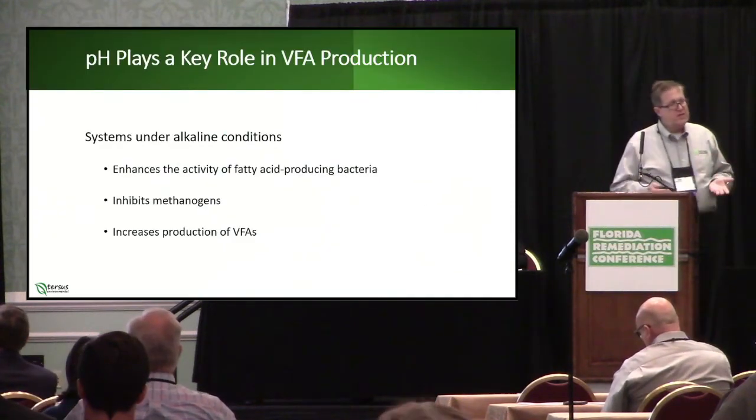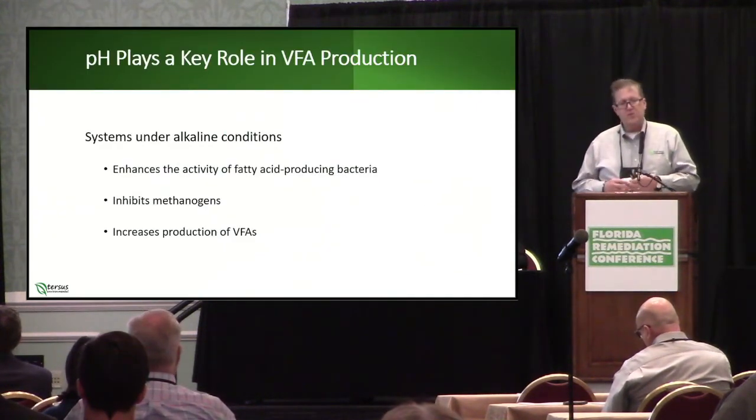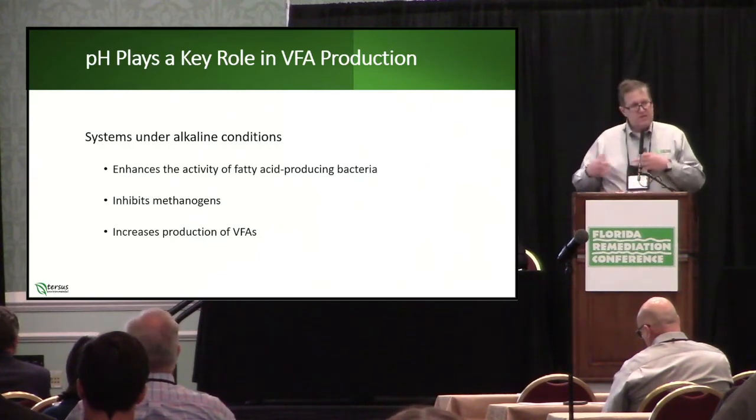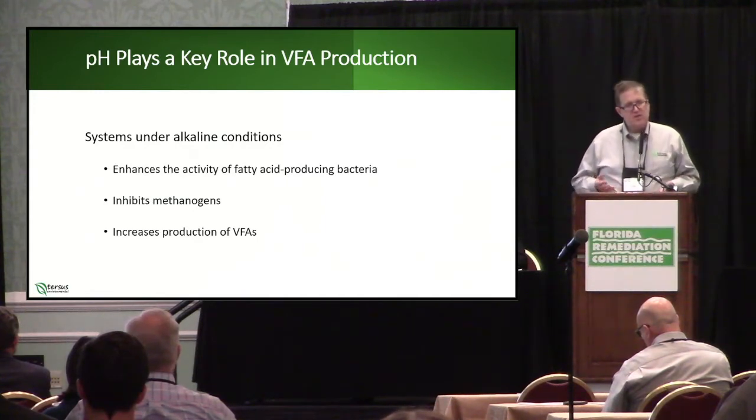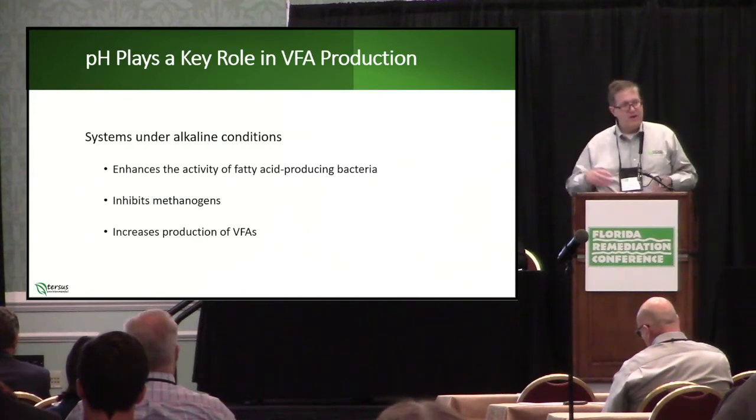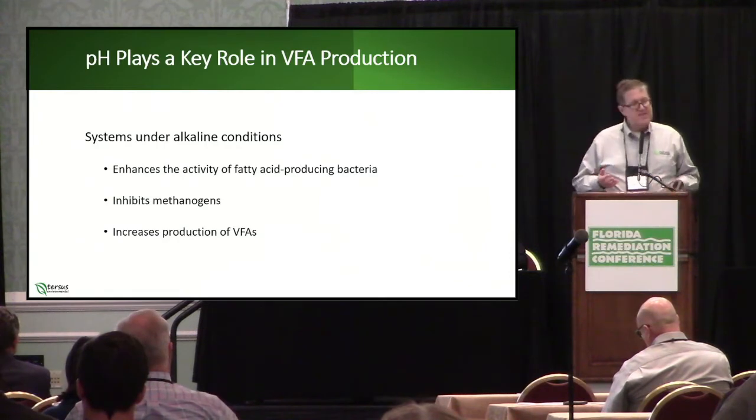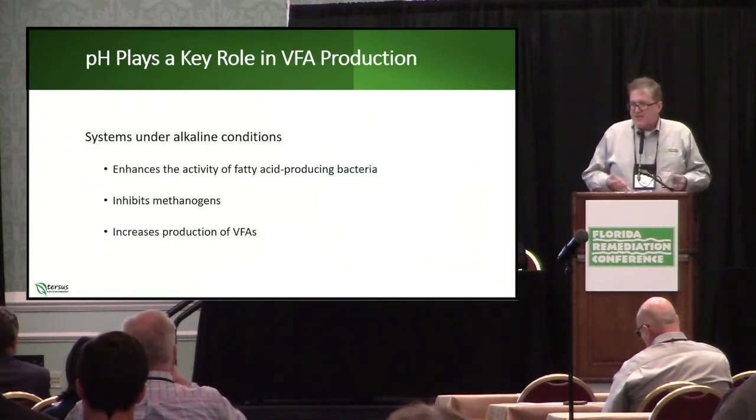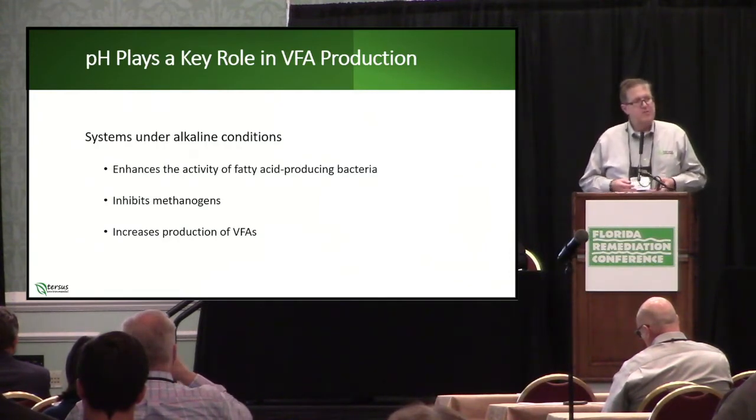Also, in these systems, we've learned that pH plays a critical role in the production of volatile fatty acids. Systems under alkaline conditions, so that would be pH 8 or greater, enhance the activity of the fatty acid producing bacteria.